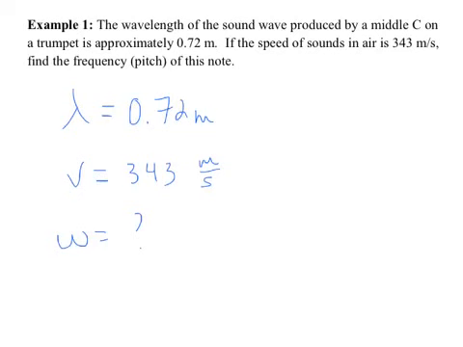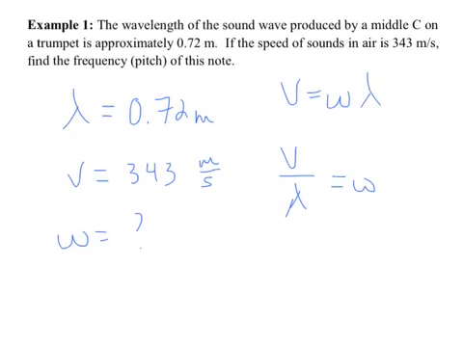So we could start by saying, all right, well, V equals omega lambda. We want to solve for omega, so V over lambda equals omega. We divided by this lambda on both sides. Now plugging in, 343 over 0.72 meters per second over meters equals omega.